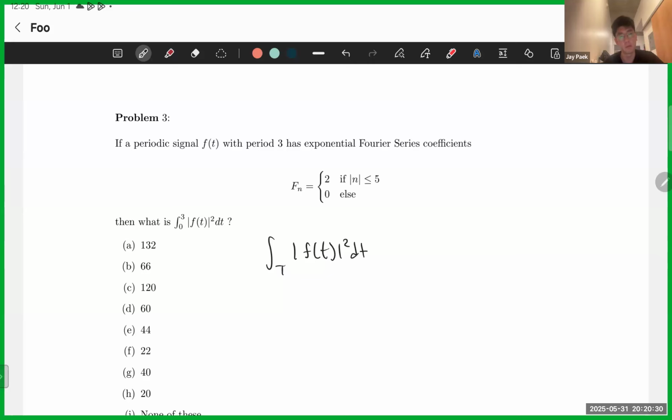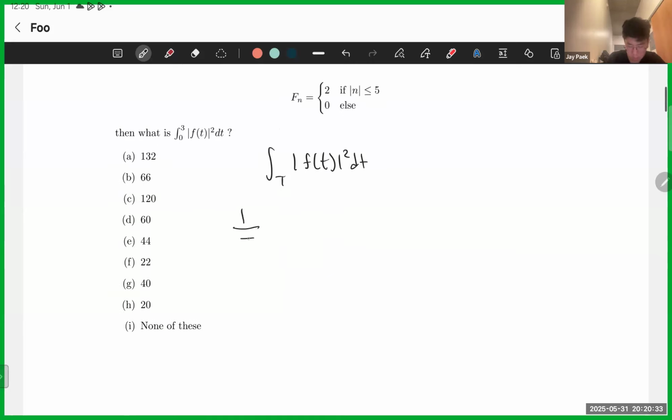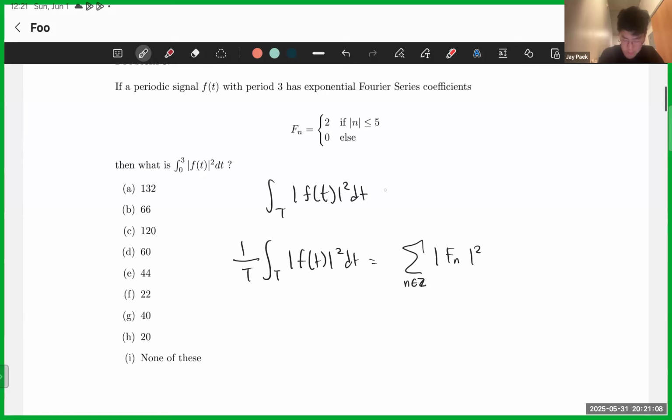And thankfully, we have something that directly relates the average power of a time signal and its Fourier series. Please correct me if I'm wrong, but I'm pretty sure this is right. All we need to realize is that this is just t times some of our Fourier series.